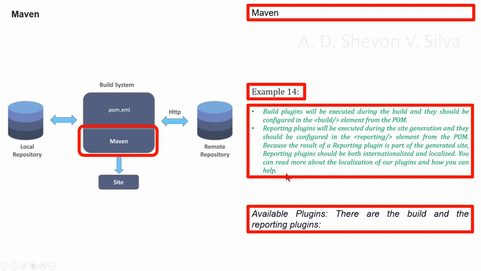The reporting plugins will be executed during the site generation, and they should be configured in the reporting element from the POM, because the result of a reporting plugin is part of the generated site. Reporting plugins should be both internationalized and localized. You can read more about localization of the Maven plugins and how you can help.